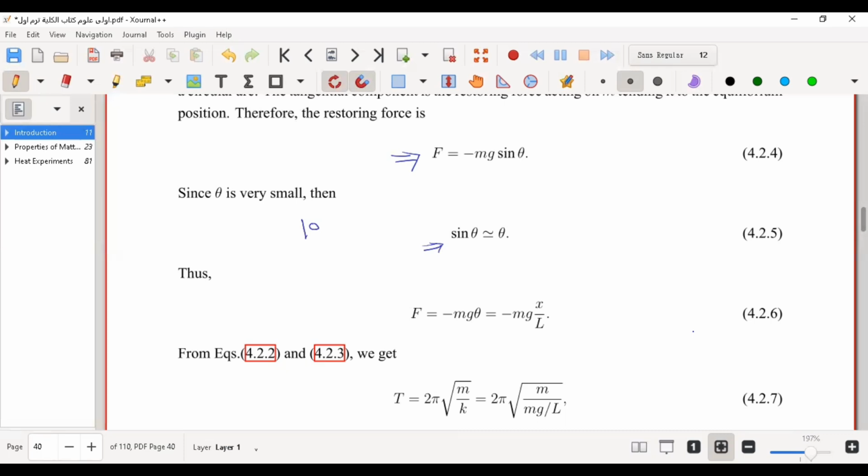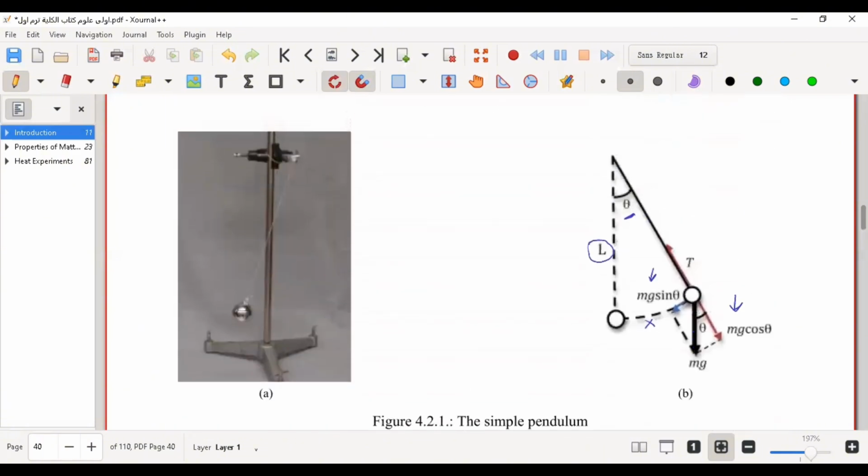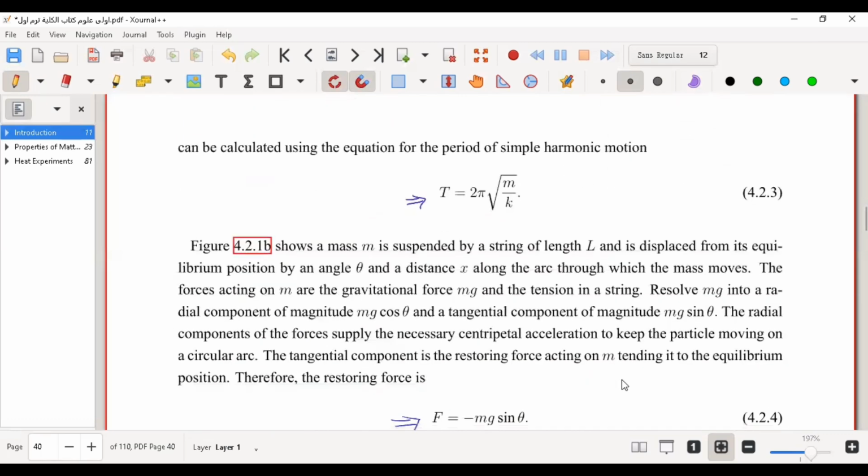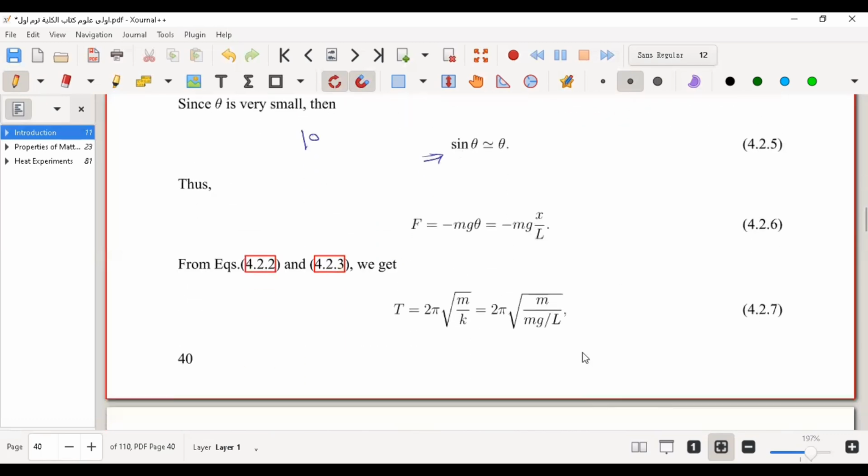And by checking this diagram, sine theta equals x over L. So sine theta equals theta, which equals x over L. We need to know the value of k, so we may also know this part, which is the restoring force, equals minus k x.